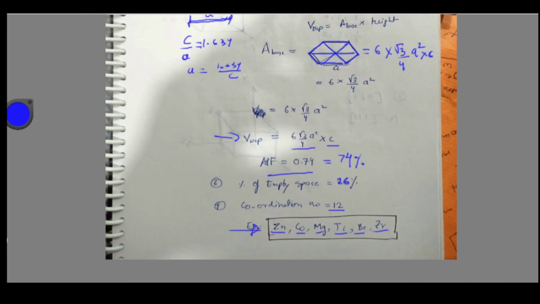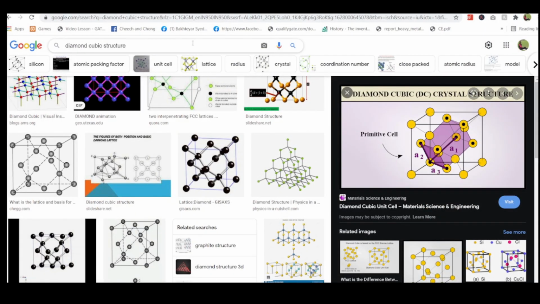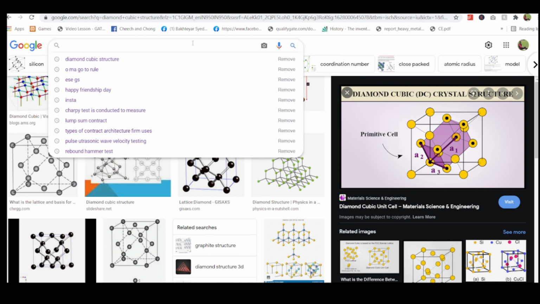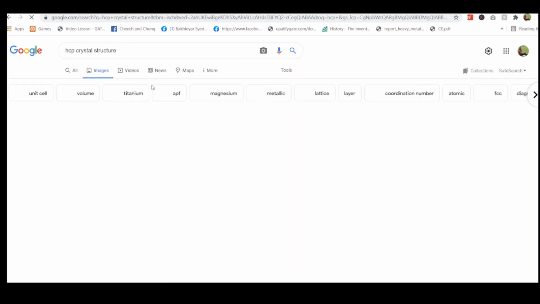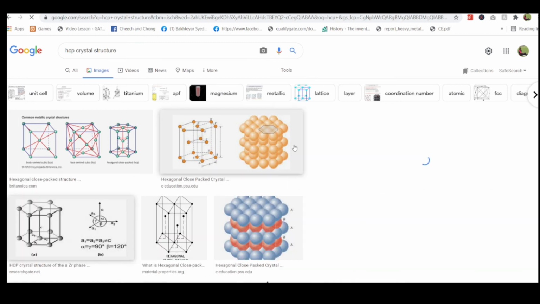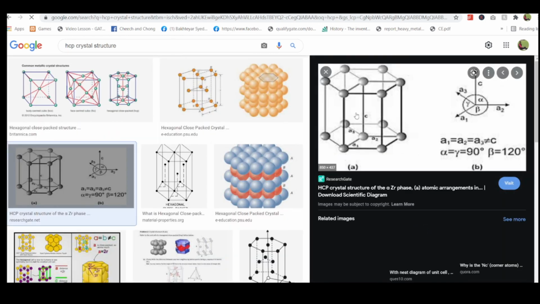I'll show you the HCP structure. So this is the HCP structure.